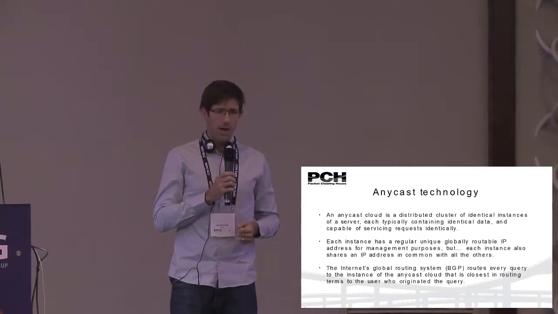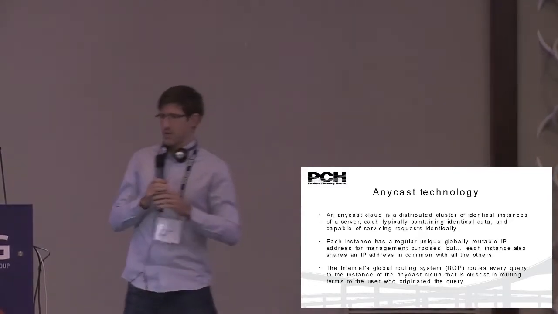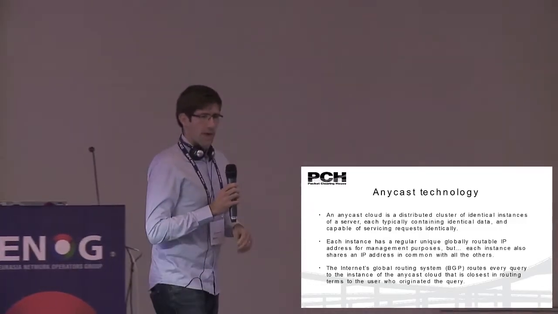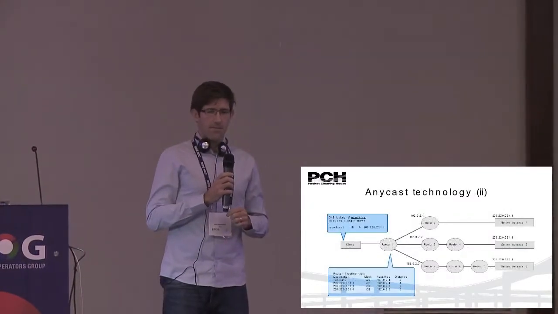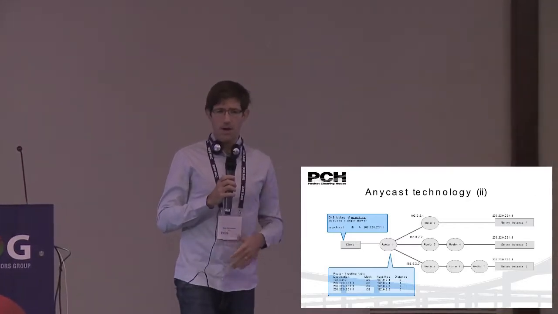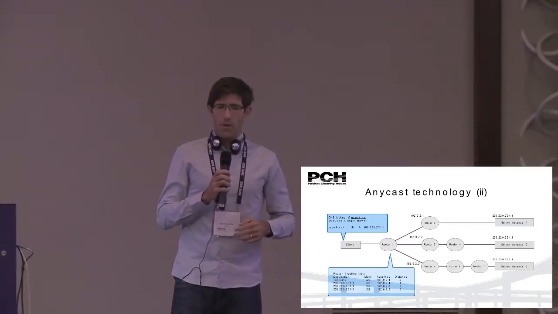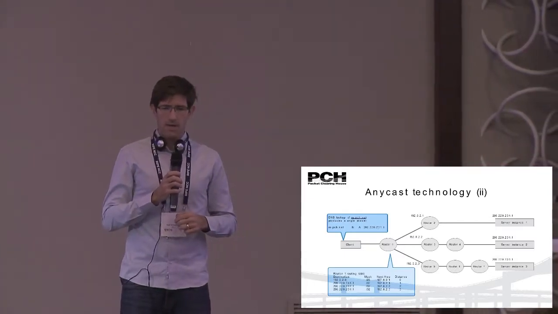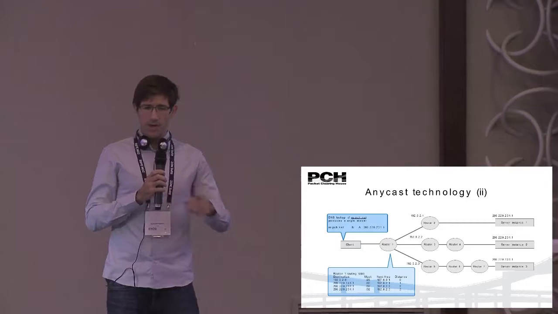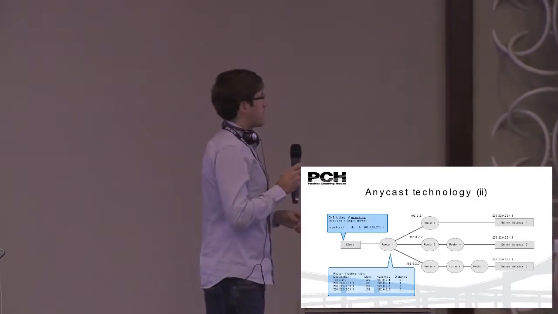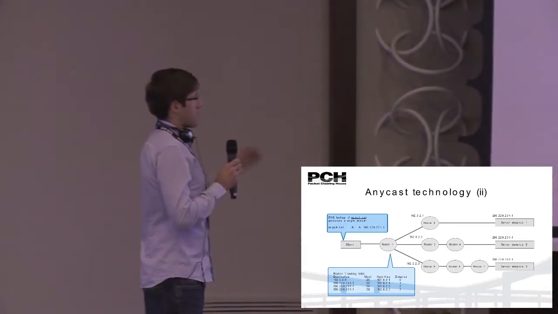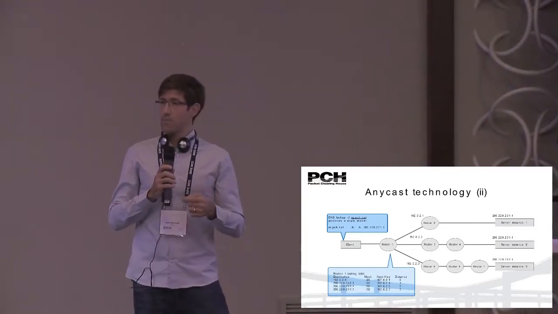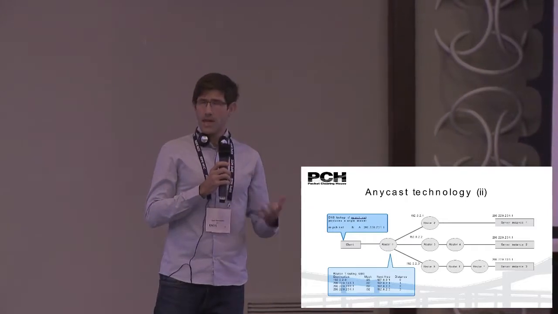We're going to see an image. So what you would have is a client. So you can see that this is a typical diagram where you can explain how the technology works. You have 3 servers, 3 instances. They share the same IP address. So whenever the client does a DNS lookup, he's going to find a unique answer.